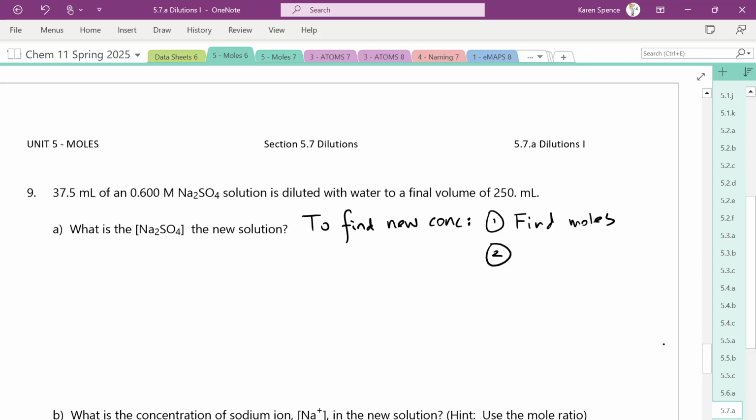And number two, you have to divide moles by the new volume. And that new volume is going to be in liters. Okay? So how do we find moles?